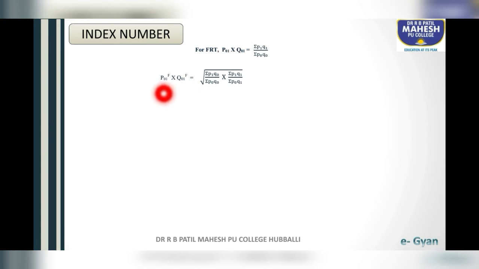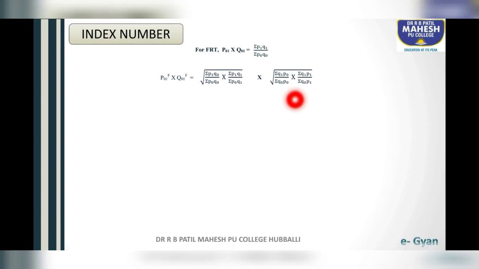Okay. Write the terms of P01 of Fisher's. P01 of Fisher's is as it is, the formula of Fisher's: summation P1 Q0 divided by summation P0 Q0 into summation P1 Q1 divided by summation P0 Q1. Next you write Q01 of Fisher's, that means Fisher's quantity index number. Here you write Fisher's quantity index number formula.